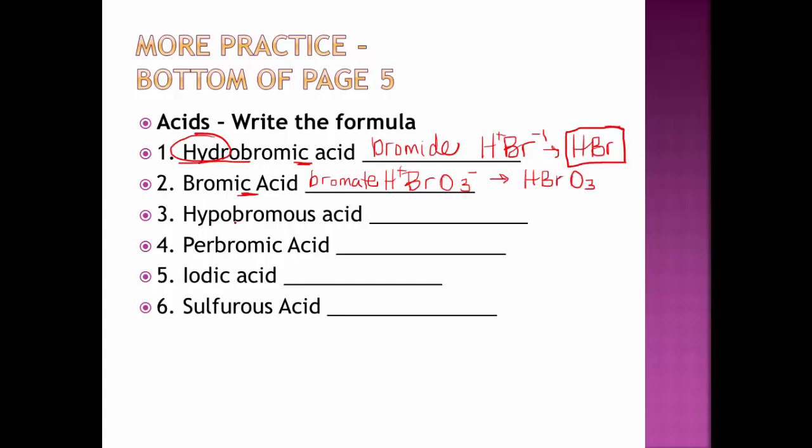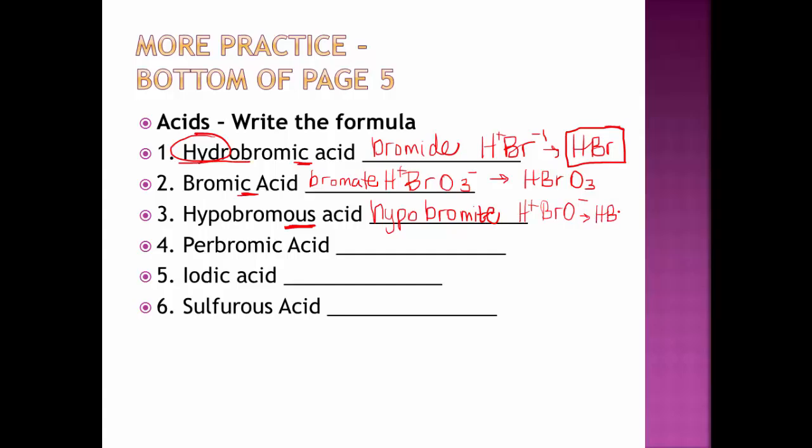Our next one is hypobromous acid. So this one has the ous ending, and we think about the spider bite was poisonous. So we need to think hypobromite, the ion, okay? Just like hypochlorite. It's BrO minus. Pair it up with the H plus.